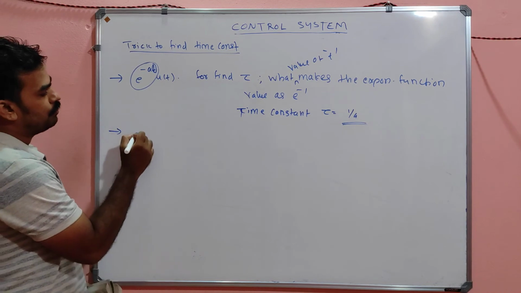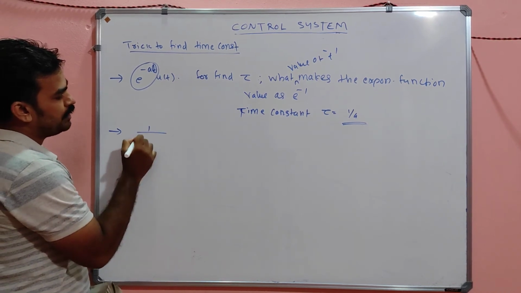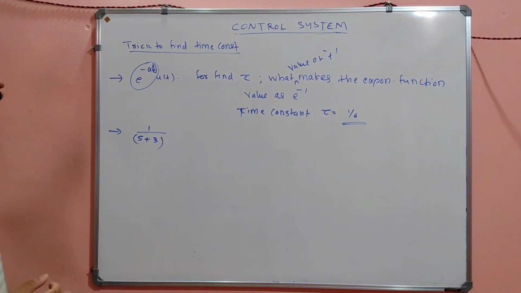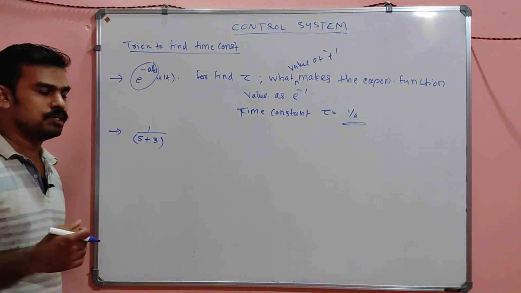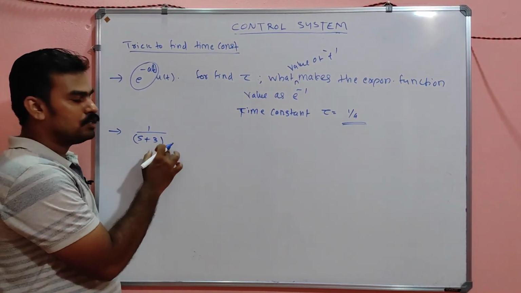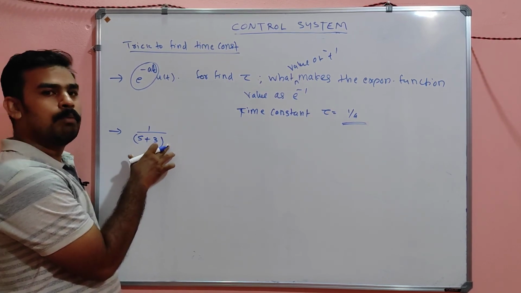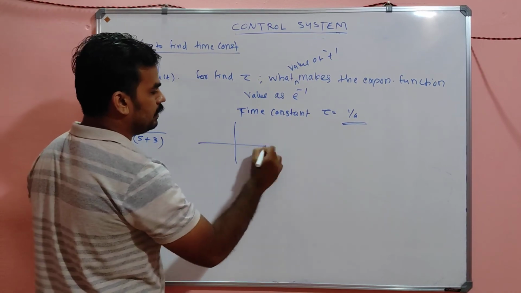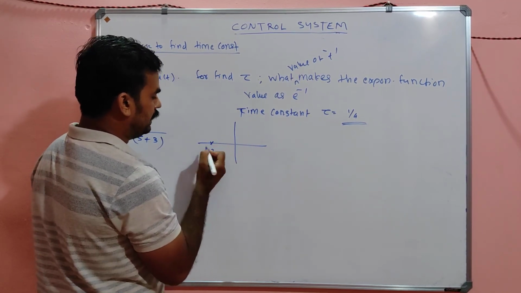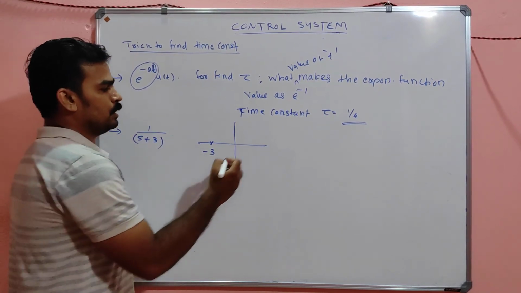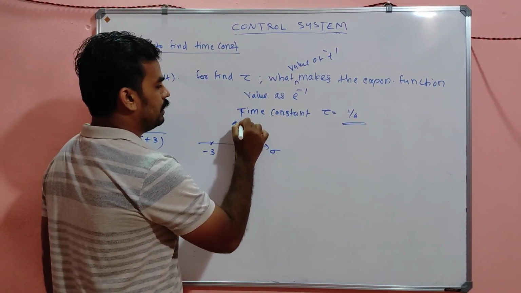And suppose you have 1 divided by s plus 3. As you have to find the time constant of this equation, this is the denominator now. So equating the denominator to 0, you will get the value of poles. So S is equal to -3, there will be a pole now. So this is sigma and this is the j omega axis.